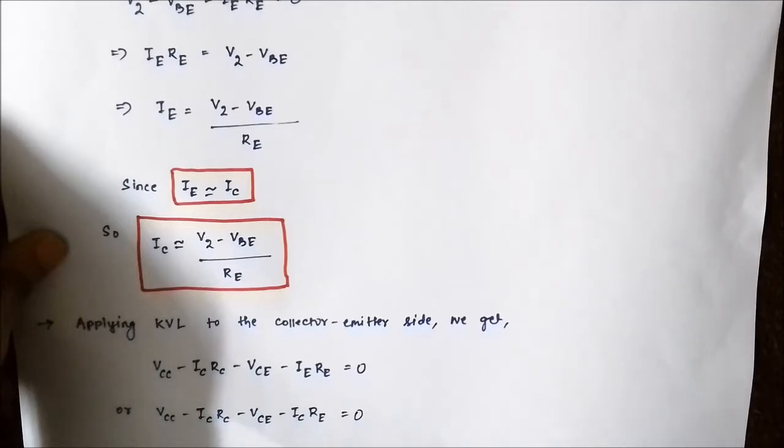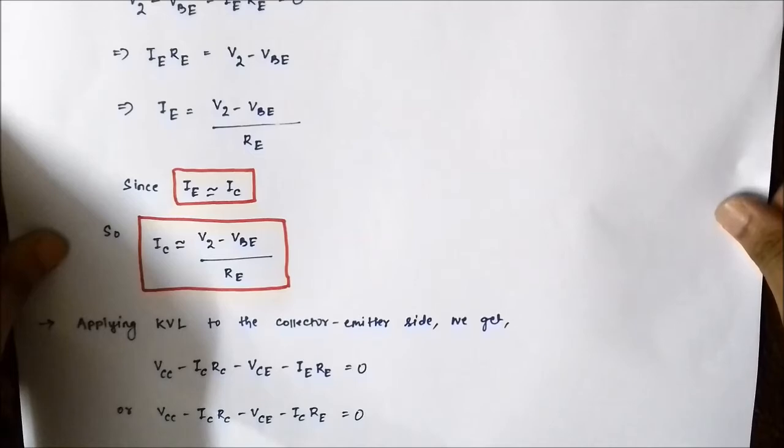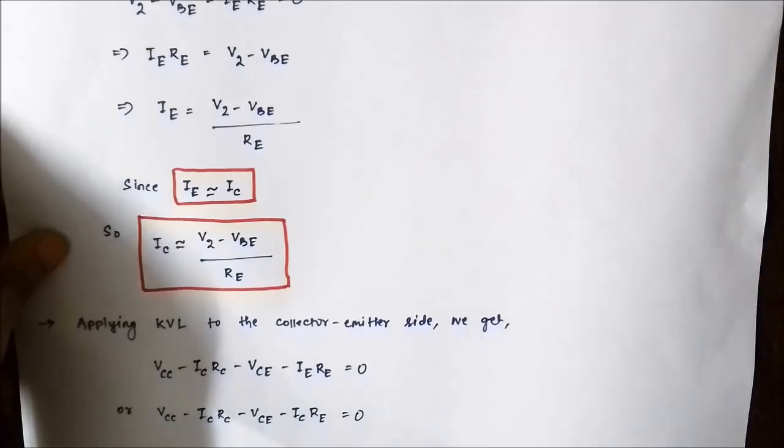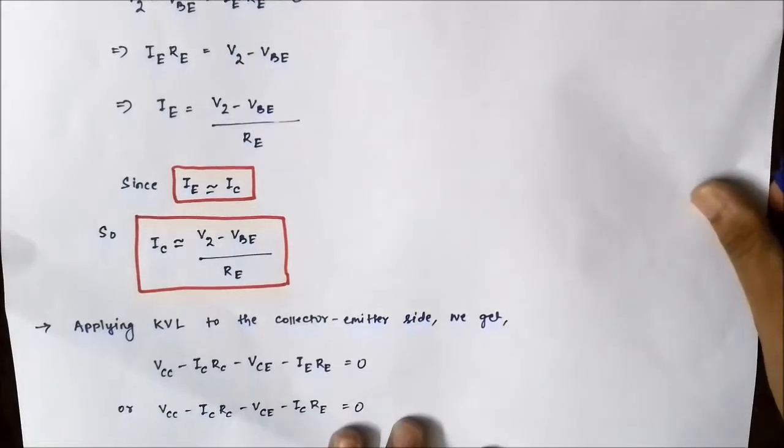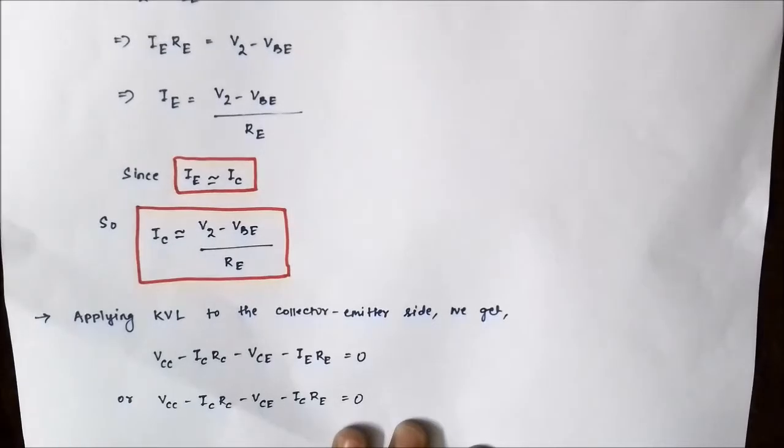In all of the DC analysis or DC biasing circuits, our objective is to find out the output current and the output voltage, because we plot the output characteristics using those 2 parameters. So in any BJT circuit related to DC biasing, your objective will always be to find out the output current and the output voltage.